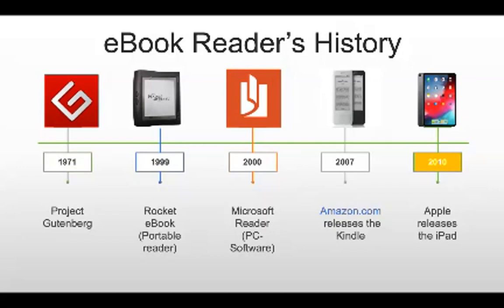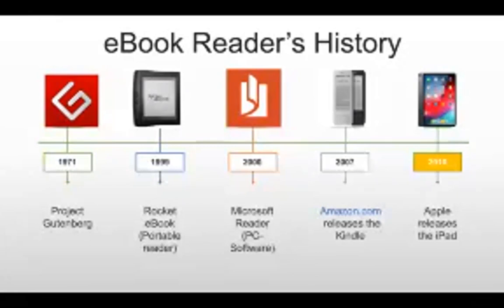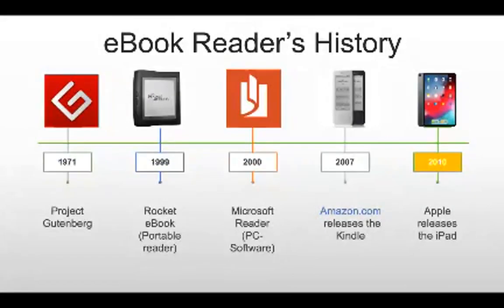But the major change, I believe, was in 2007, when Amazon.com released the device called Kindle. The main important part of this device was that there is no difference at the time of reading between a traditional book and a digital book.